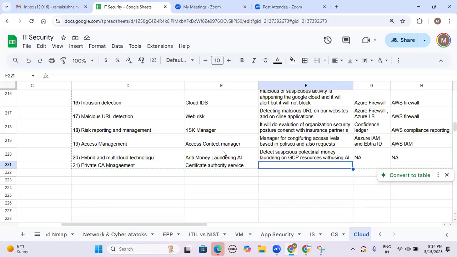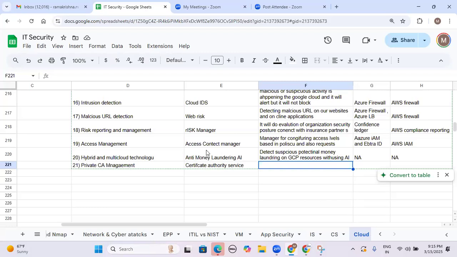So we no need to worry about third parties like GoDaddy or VeriSign or Symantec or public key infrastructure and using third parties. Even directly we can use this service on the GCP side. So instead of purchasing from a third party, directly from Google Cloud Service itself, we can use this feature or service. But on Amazon and Azure side, they have to purchase from a third party. There is no other option.